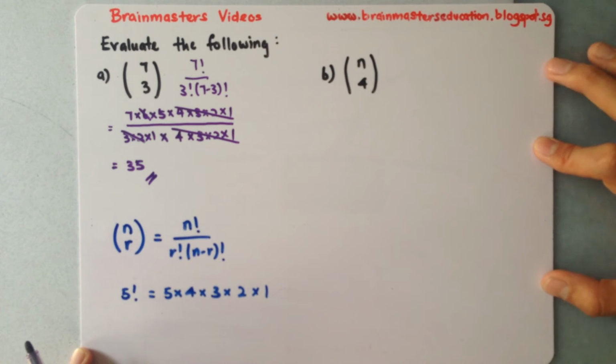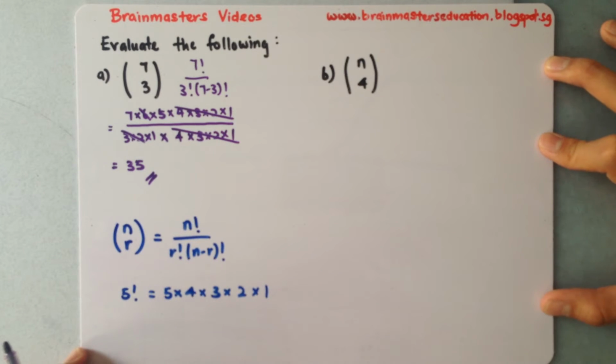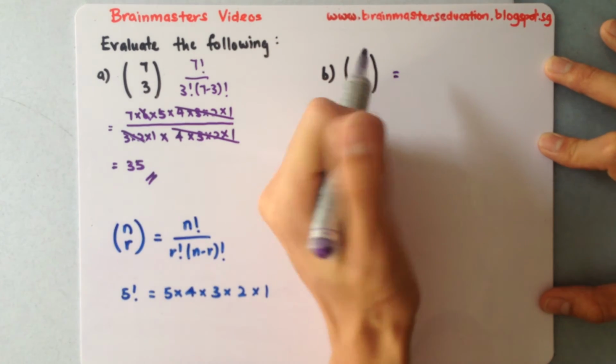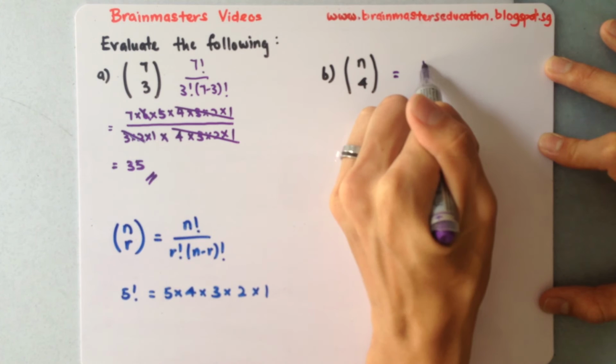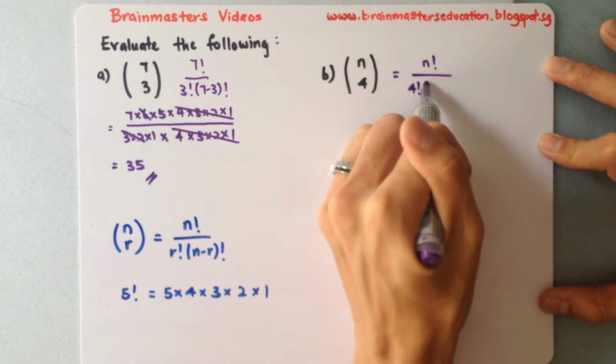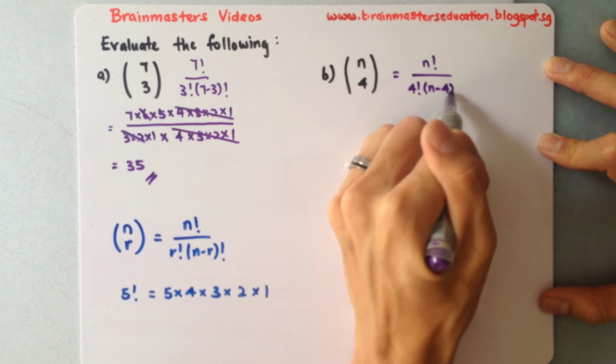Okay, so this is what I have for my part A. Now, sometimes along the way you will see that further down some questions use the n term, like part B. What you need to understand is that you can write it as n factorial over 4 factorial multiplied by n minus 4 factorial.